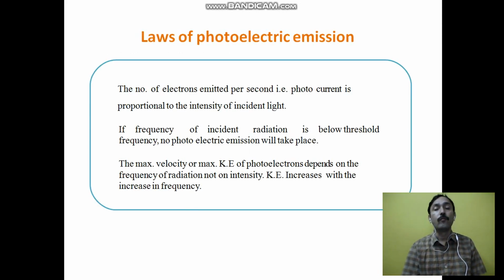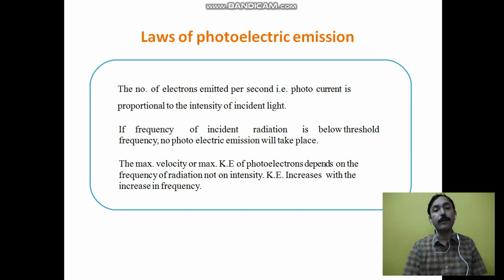Laws of photoelectric emission. The number of electrons emitted per second, that is photocurrent, is proportional to the intensity of incident light. If the frequency of incident radiation is below threshold frequency, no photoelectric emission will take place.